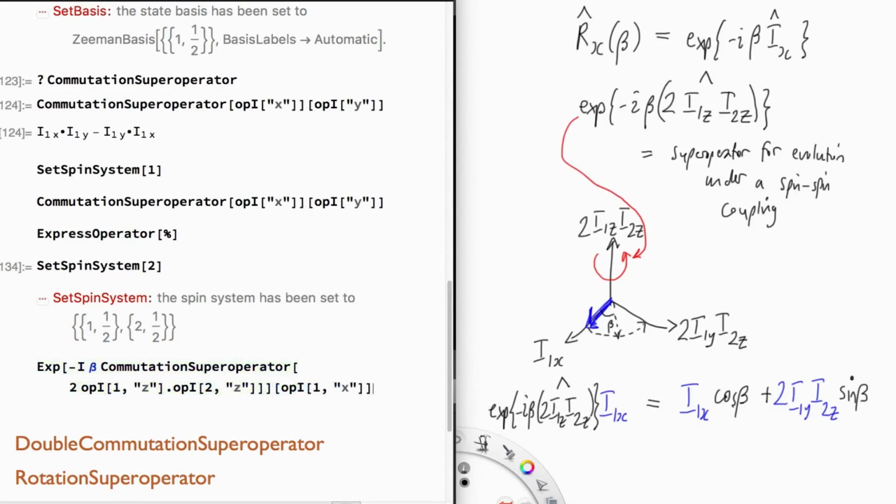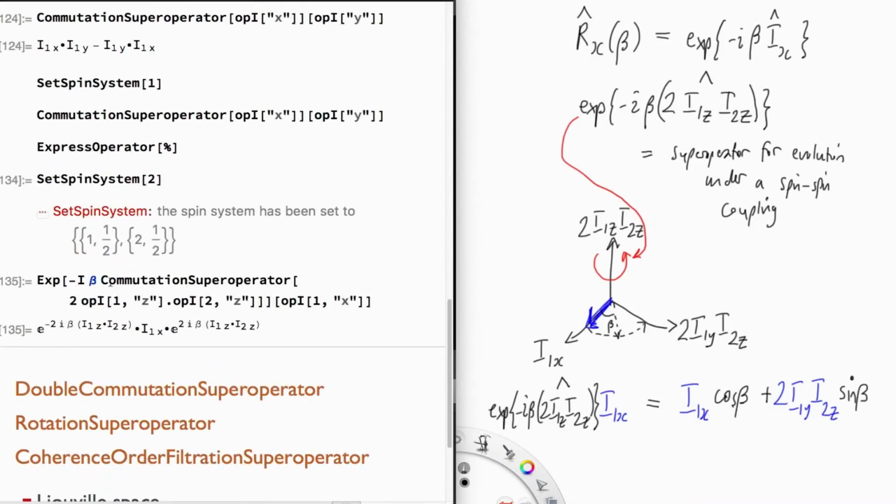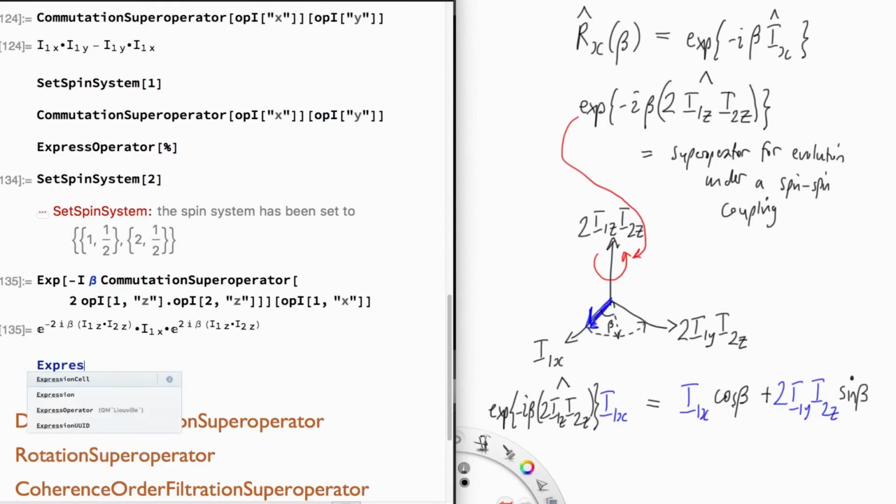And I get some complicated formula, so I'm going to try and express that in a form using Cartesian operators.